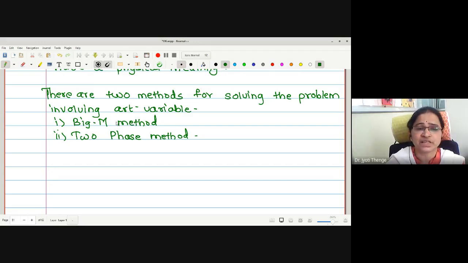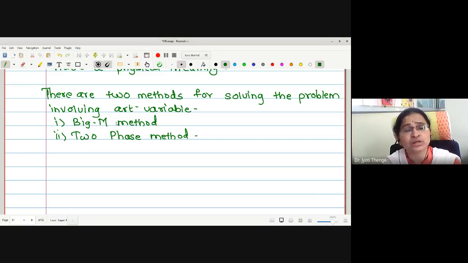Therefore we will just have a look at the first method now, called the Big M method. Sometimes this is called a penalty method also, because whatever M we are assigning as a big value, whatever M we are taking very big, and the cost we are assigning as minus M. So this can be called a penalty value to that artificial variable, where finally the artificial variable is going to take a 0 value.